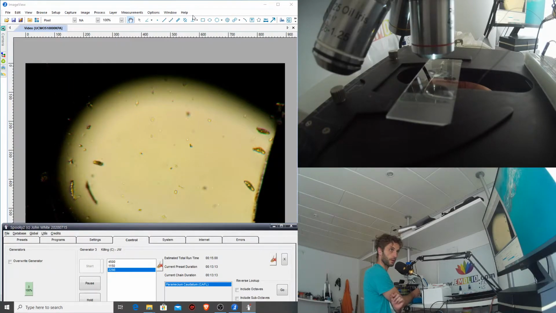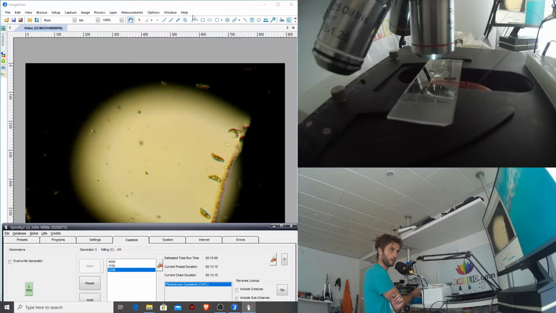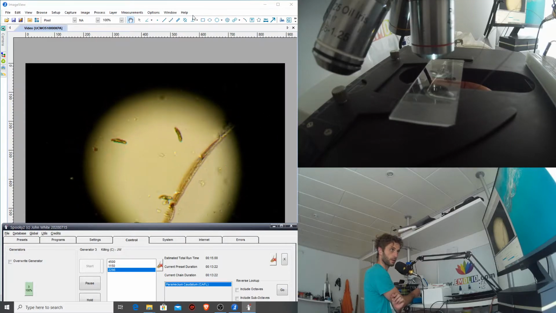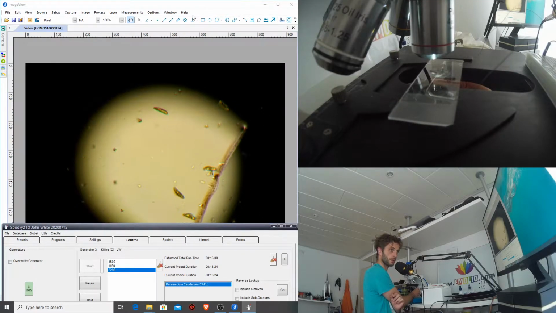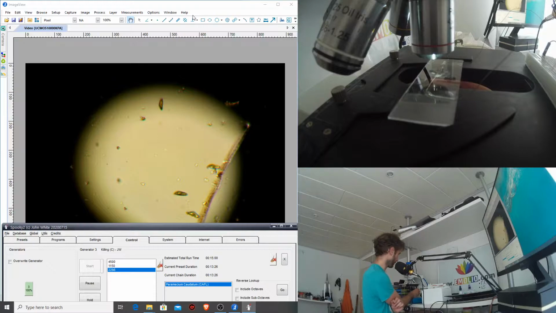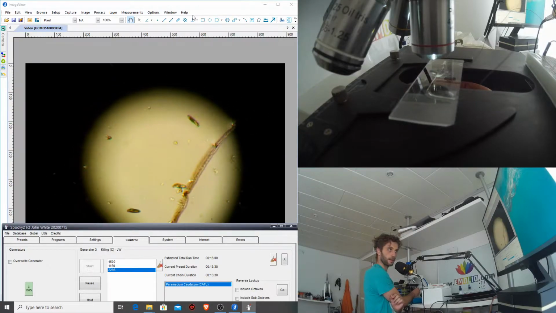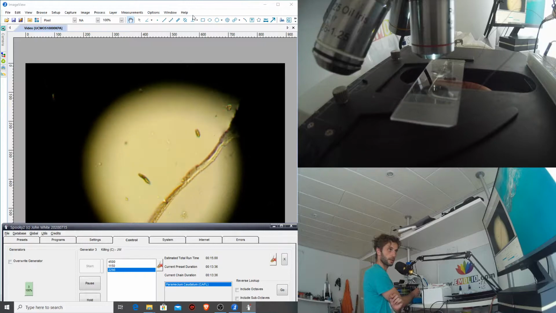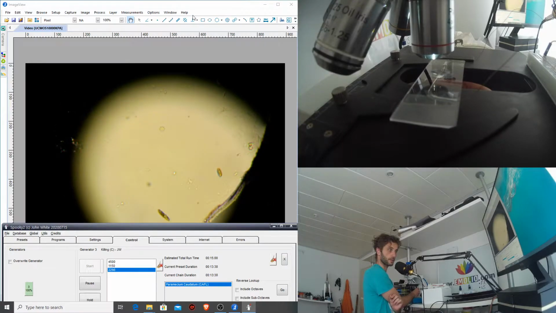So we have a couple here. This is interesting. They're all here at the end where the water ends, and they are also having trouble with these frequencies.